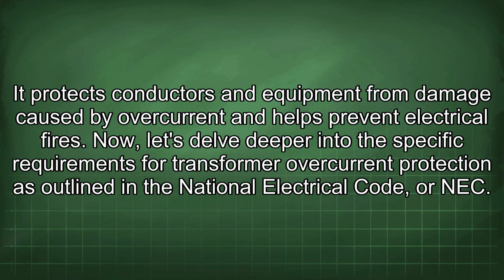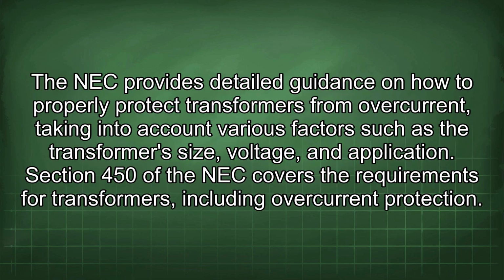Now let's delve deeper into the specific requirements for transformer overcurrent protection as outlined in the National Electrical Code, or NEC. The NEC provides detailed guidance on how to properly protect transformers from overcurrent, taking into account various factors such as the transformer's size, voltage, and application. Section 450 of the NEC covers the requirements for transformers, including overcurrent protection.